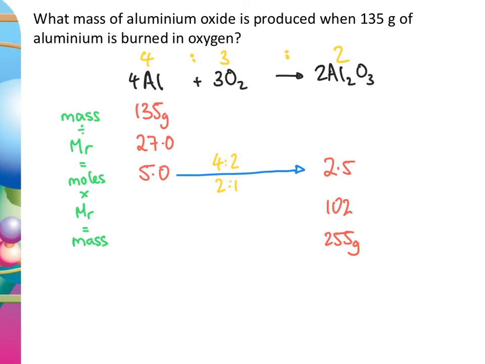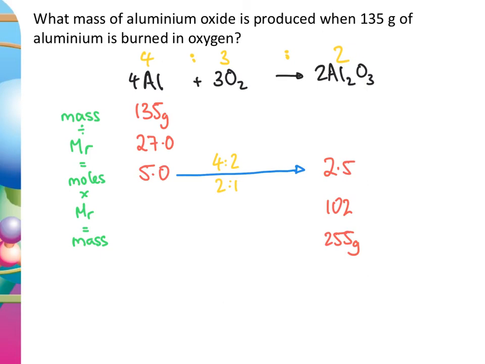4Al, and so they do an mR of 4 times 27. But that's what I'm trying to stress earlier. The mR, or the RFM, is the total of all the relative atomic masses of the elements in the formula.